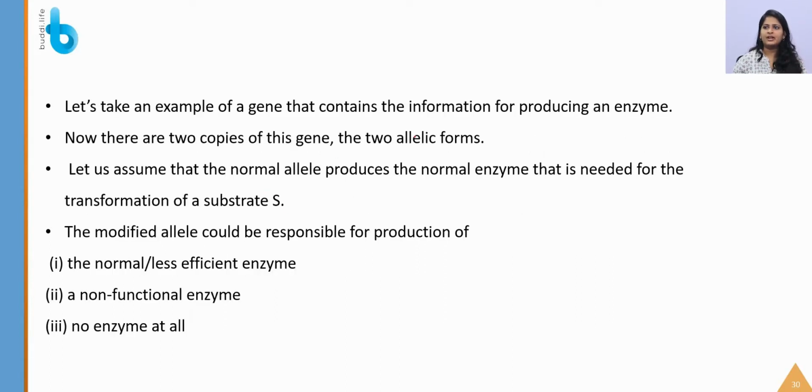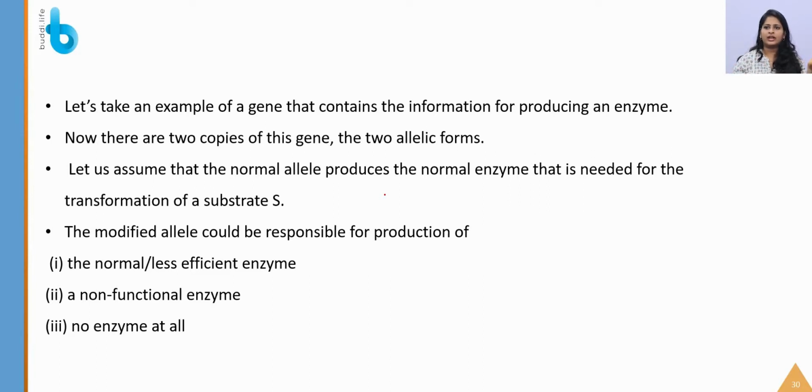For example, let us take a gene that contains information for producing an enzyme. Now there are 2 copies of the gene, that is 2 allelic forms. Let us assume that the normal gene produces the normal enzyme that is required. For example, if a substrate S is going to be converted into product P, this normal gene will code for a normal enzyme which is going to do a normal function.